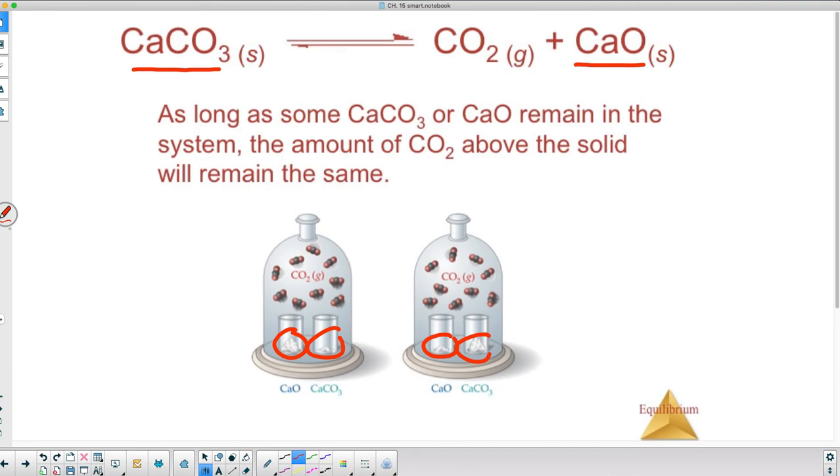Even if we change those masses, the pressure of CO2 should not change, because as long as we have some amounts there, we're going to establish the same equilibrium, where the CO2 wouldn't change either. Okay, sometimes that's a little tough to get your head around as far as equilibrium is concerned.